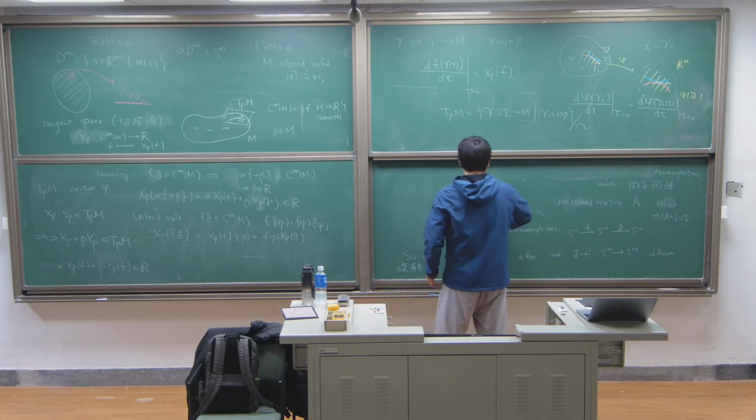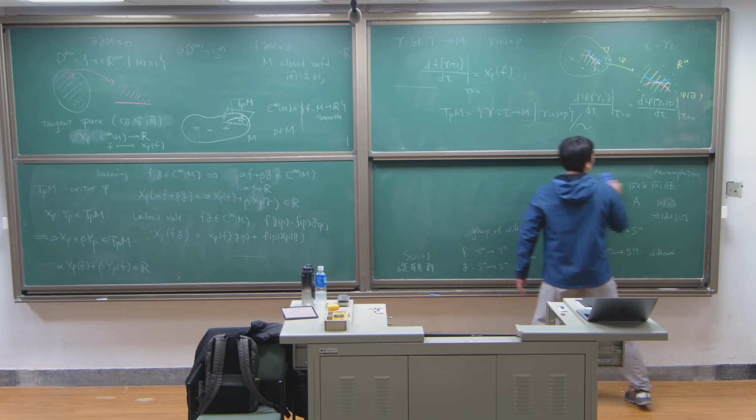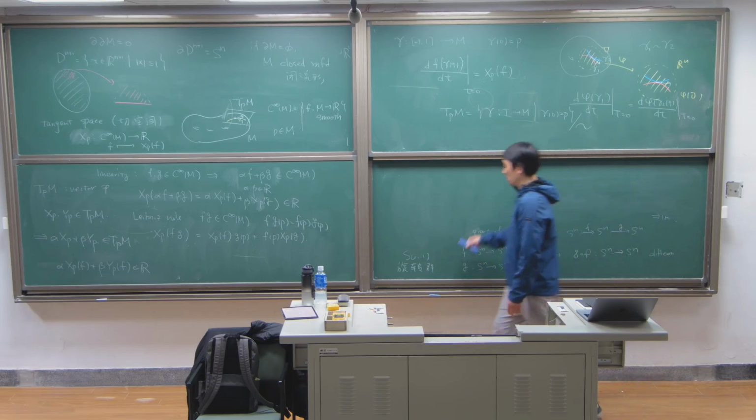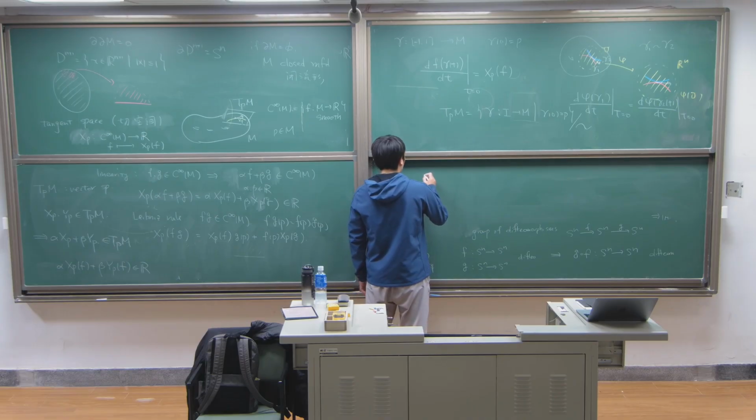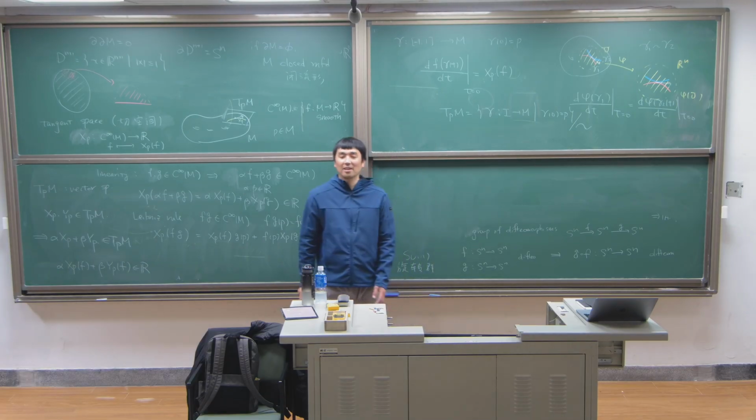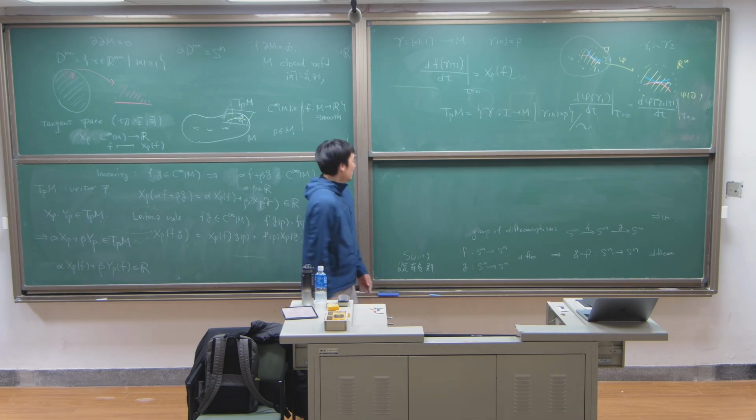And in local coordinates, this tangent vector can be written down. Local coordinates. So, is this right? Yeah.